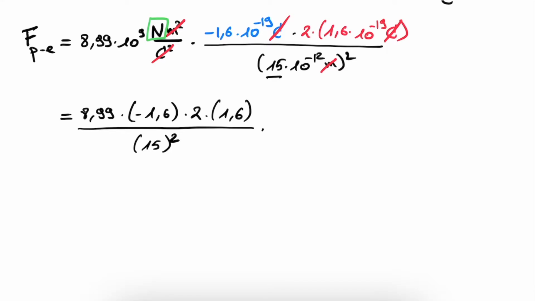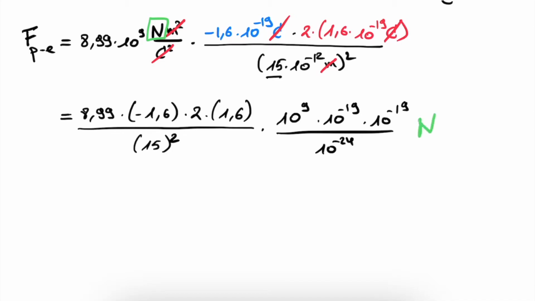And as the second term, we of course take all of the powers of 10. So we have 10 to the power of 9 times 10 to the power of minus 19 times 10 to the power of minus 19 divided by 10 to the power of minus 24. And at this point, we do not forget that we have a unit Newton.